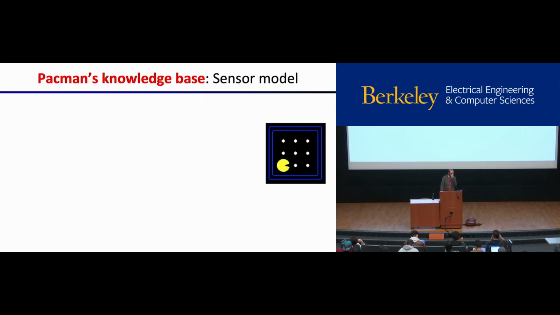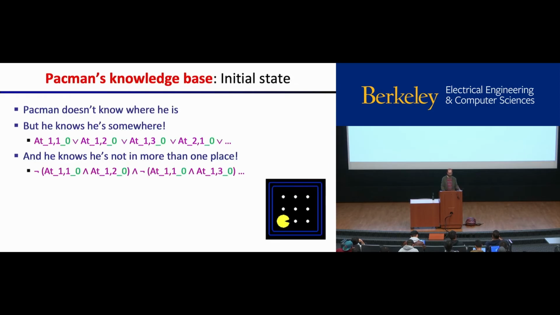Okay, more to add to Pacman. So, if we had every triple in here instead of every pair, then it would be possible for him to be in 2 places at once. Is that right? Yeah.